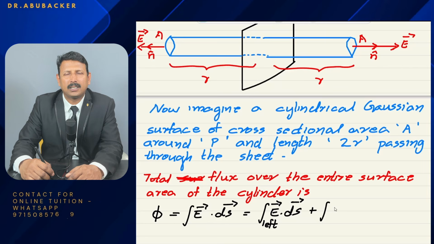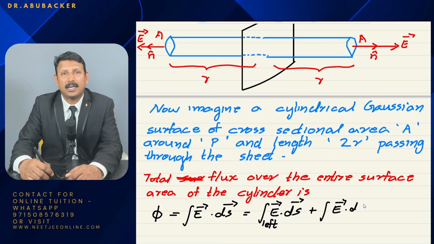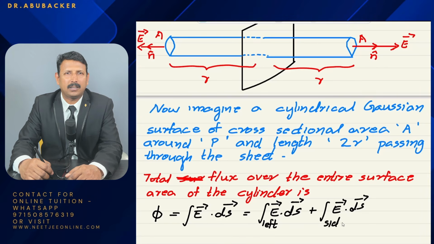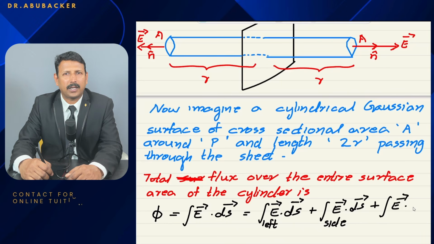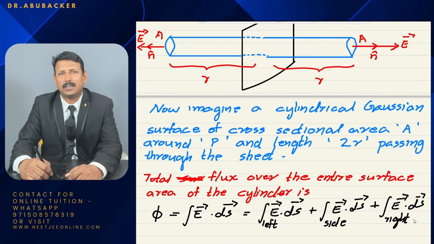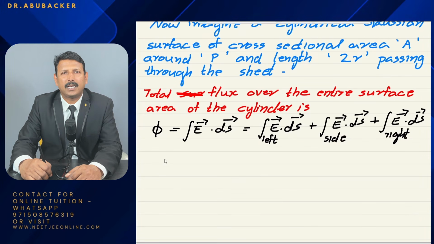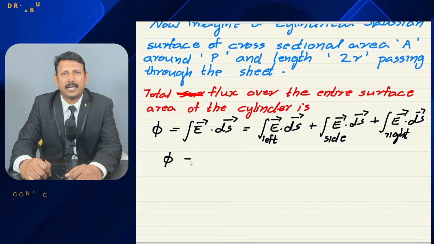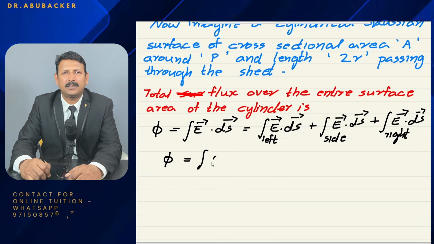Now when you consider the total flux, you can look into the diagram and understand there are three places where flux has to be calculated. One is the left side, through that cross-sectional area flux going out. The other is the side of the cylinder. The third is the right side cross-sectional area of the cylinder. That's why I wrote here flux is equal to integral E dot dS left plus integral E dot dS side plus integral E dot dS right side.